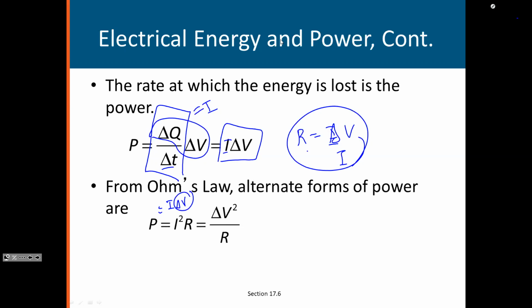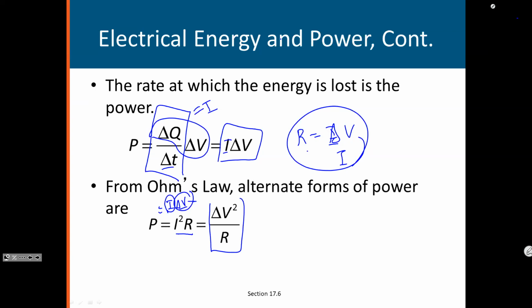Ohm's law tells you delta V is IR, so I can put delta V equal to IR, then power becomes I squared R. Similarly, we can eliminate I from this equation by substituting I is equal to delta V over R, then you get this expression for the power.